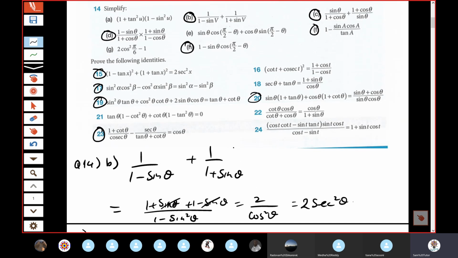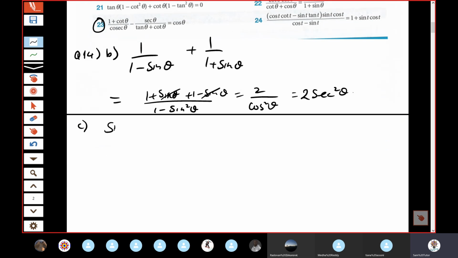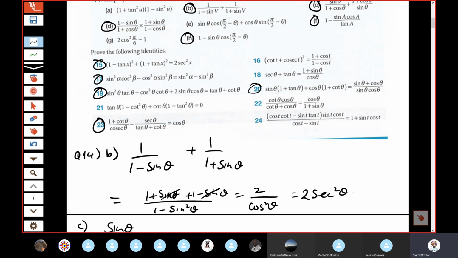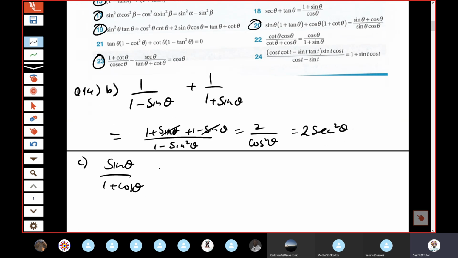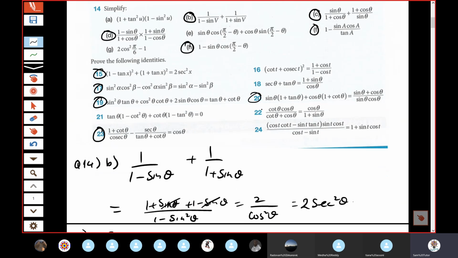C. Sine over 1 plus cos, plus 1 plus cos over sine, right? Yes.